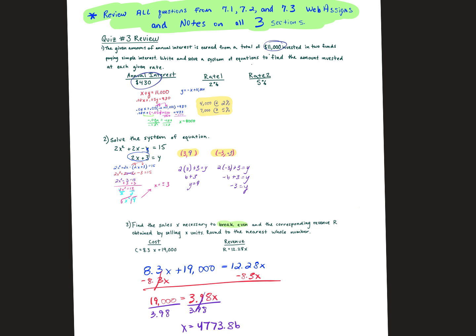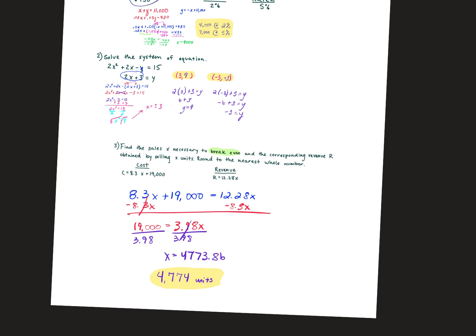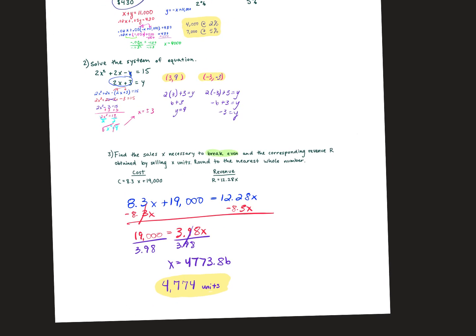You might have an interest problem like the first one. You might have a break-even problem where you're figuring out how many of what item needs to be sold to break even. Hannah brought to my attention that this question here also asks for the corresponding revenue. So where they ask that, you would then take this answer, which you got for X, and you would plug it into the revenue.